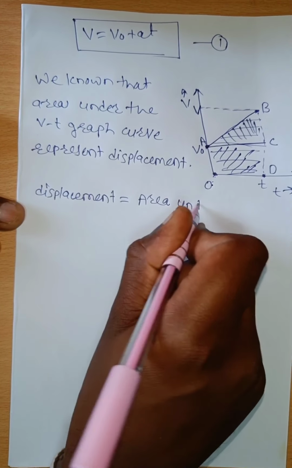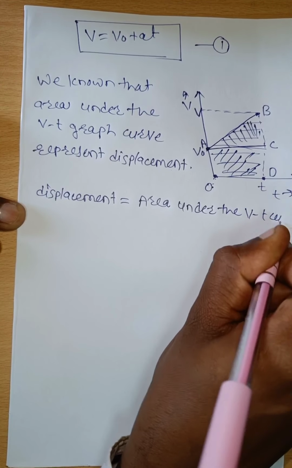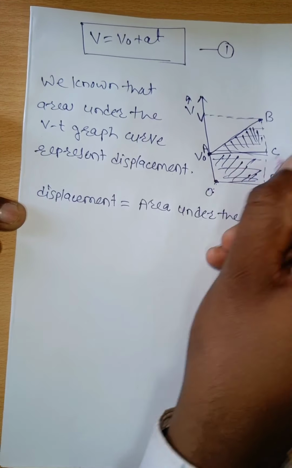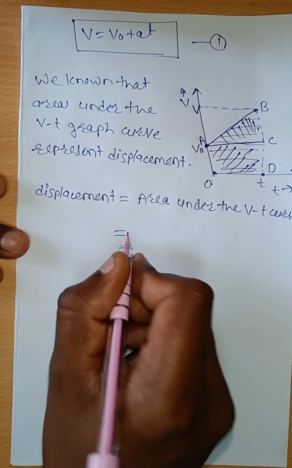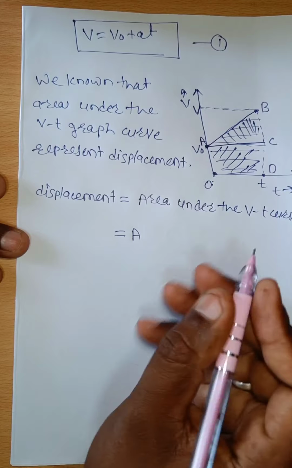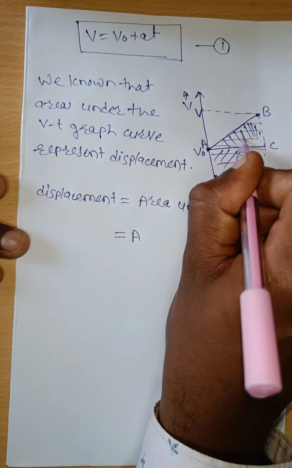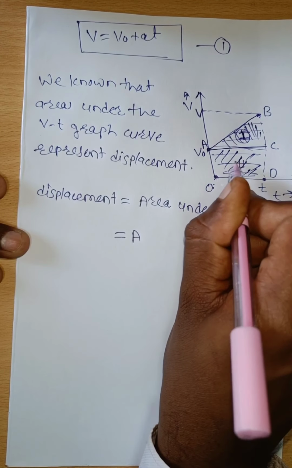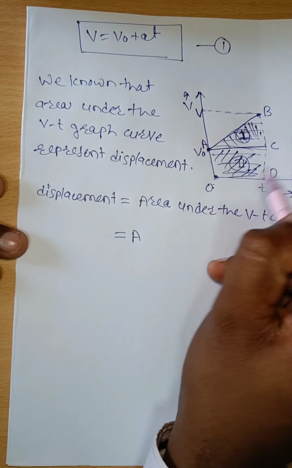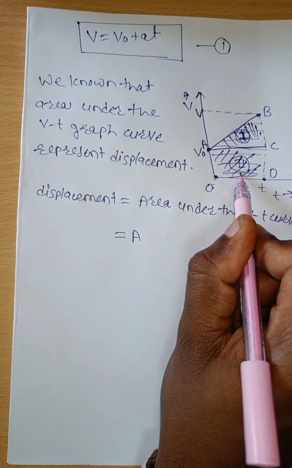Therefore displacement is equal to the area under the v-t curve, meaning this total area under the v-t curve. We have to take one triangle and one rectangle. This total area means area of triangle plus area of rectangle.